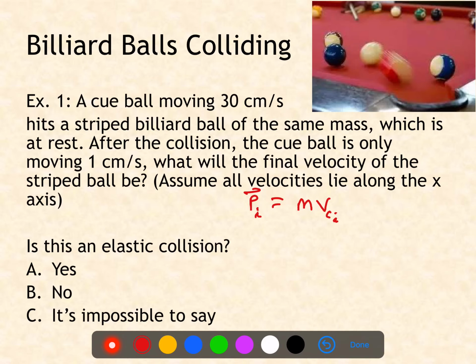Now, for momentum to be conserved, this has to equal the final state. And the final state momentum is going to be the momentum of each of the balls. So I will have some m v associated with the cue ball final plus m v of the striped ball final.